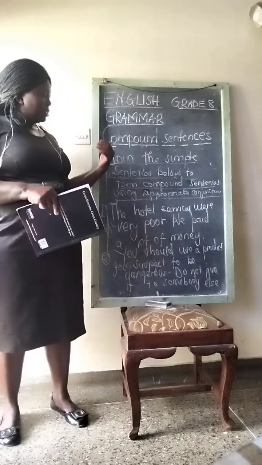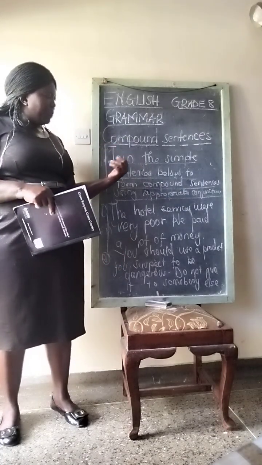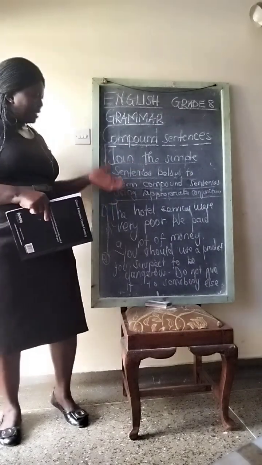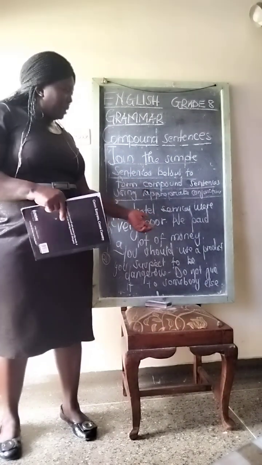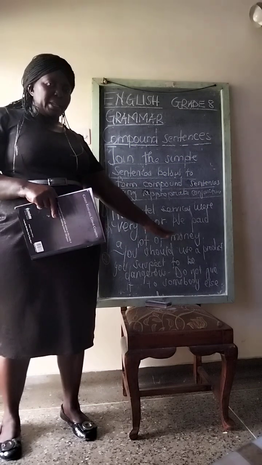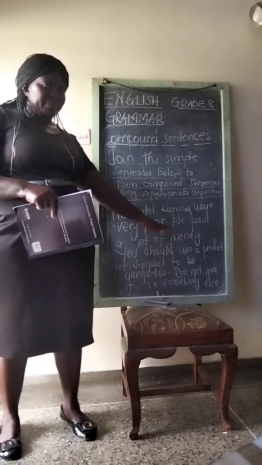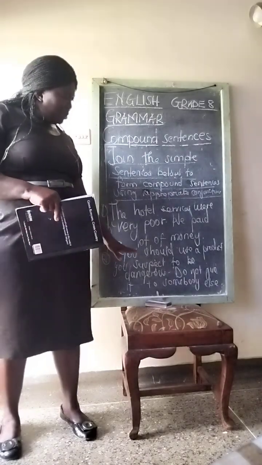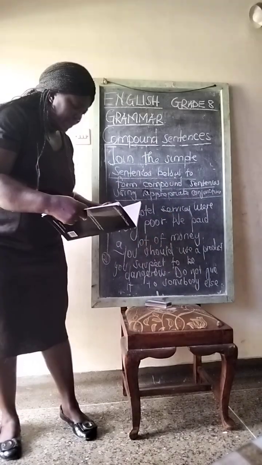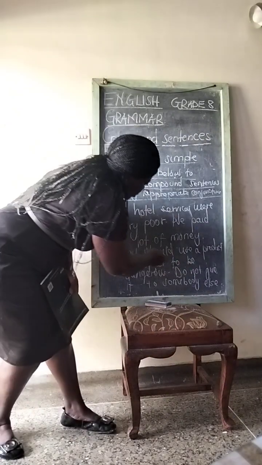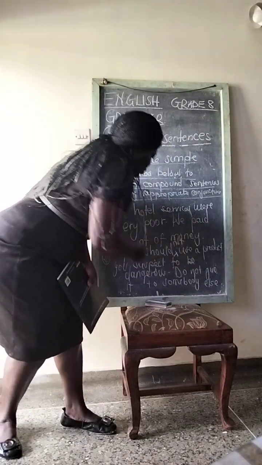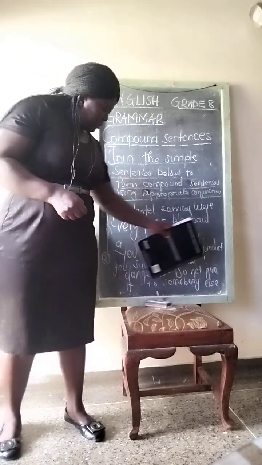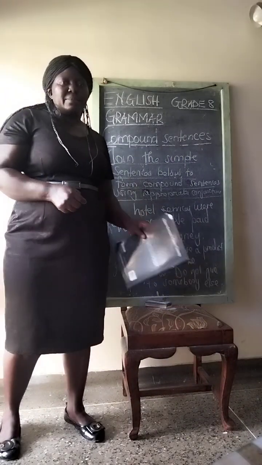The instruction is join the simple sentences below to form compound sentences using appropriate conjunction. The first one, the hotel services were very poor. We paid a lot of money. I hope you are joining. The second one, you should not use a product you suspect to be dangerous. Do not give it to somebody else.